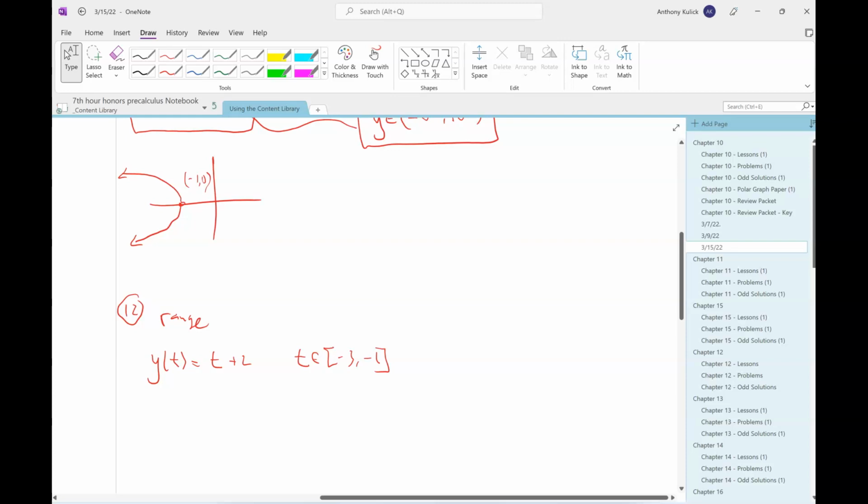Since this is a linear function, all I need are the endpoints, because this is representing a line segment, because its input is fixed, right? It's not unbounded. So I just need to do y of negative 3. And then I just need to do y of negative 1. So then I have my range goes from negative 1 to positive 1.